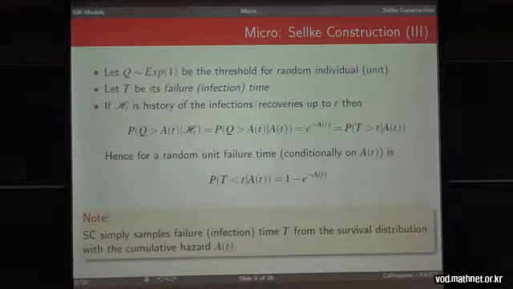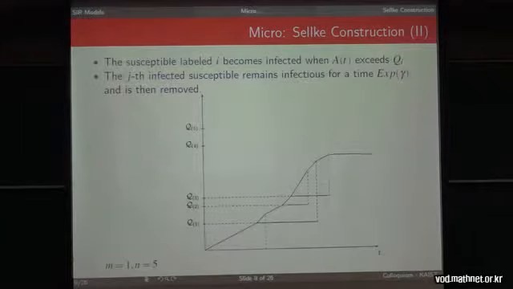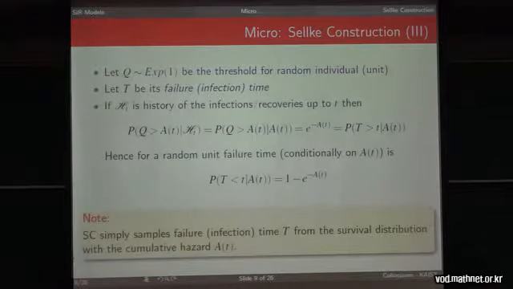So I can use this fact to create a simpler version of the Sellke construction, where this graph is taken at n infinity and becomes smooth. And we know exactly what it will look like, because it's a summation of these I units divided by n.